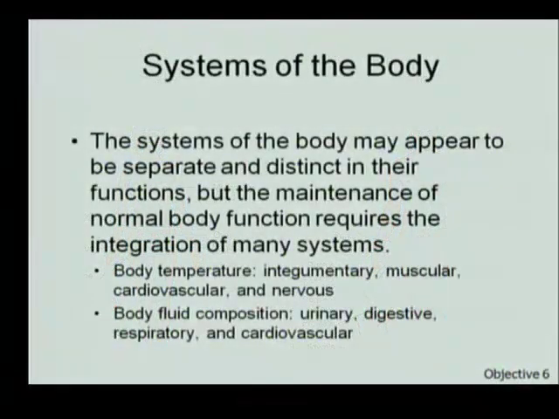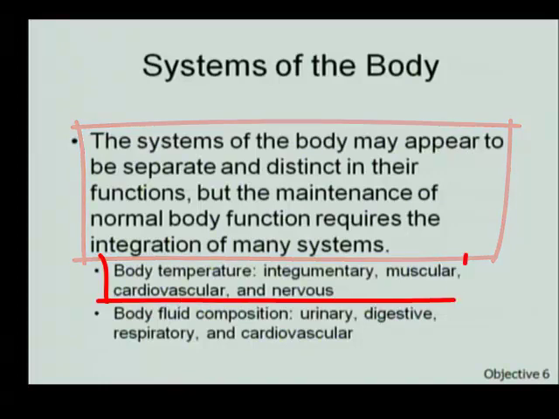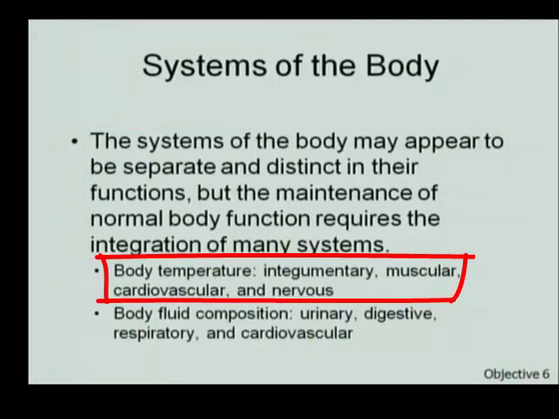Now, we've talked about these as separate systems, but it's important to recognize that all of these systems that we'll cover in different modules are interacting one with the other. For example, I mentioned that the integumentary system is something we study in Module 8, the muscular system in Module 10, the cardiovascular system in Modules 15 and 16, the nervous system in Modules 11 through 13.